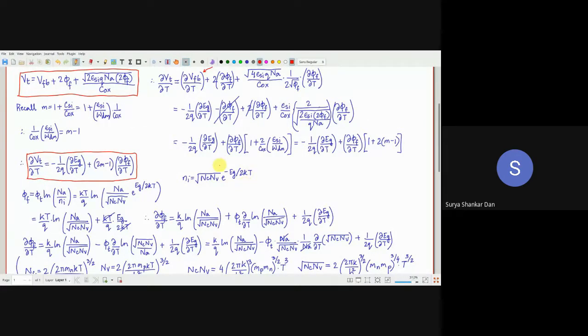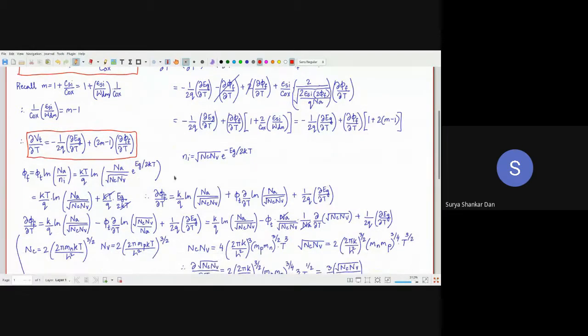Okay. So now Ni I have replaced by root over Nc Nv. What is important for us to note is that Nc and Nv themselves are dependent on temperature. We will look into it. So e to the power of minus Eg by 2kT was in the denominator, that becomes positive in the numerator. Since this is a ln factor and this is e to the power, so let us do one thing.